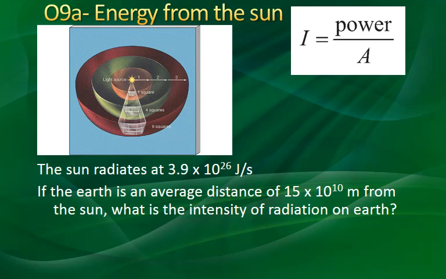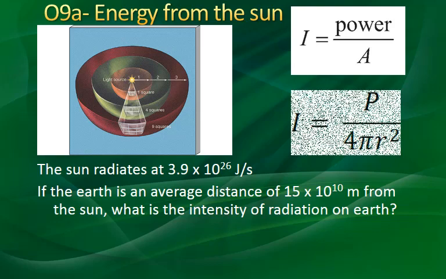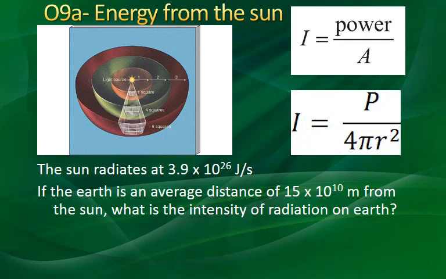And the Earth is an average distance of 15 times 10 to the 10th meters from the sun. And so what we want to find out is what is the intensity of the light when it reaches us here on Earth. So go ahead and calculate that out. And if you forgot, the surface area of the sphere is 4 pi r squared, so that's how the power is going to be spreading out. So go ahead and calculate that, and when you're ready to check, you can hit play to continue.